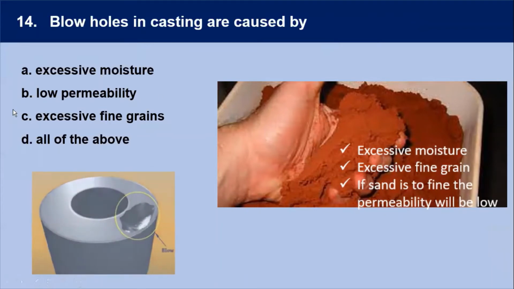It means that all the options observed on the screen, excessive moisture, low permeability, excessive fine grains, are all causes due to which blowholes occur. So that's why our answer is D, all of the above. Next question.